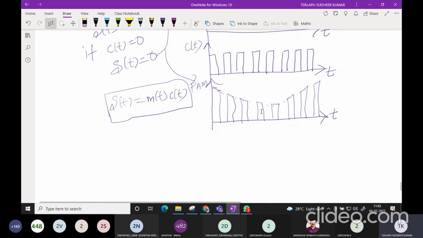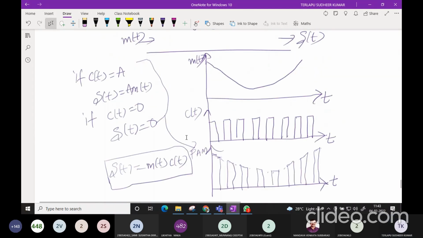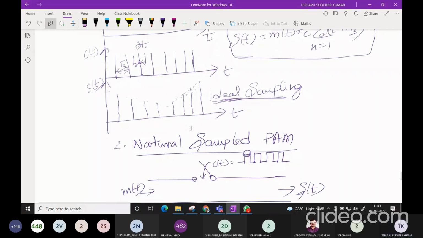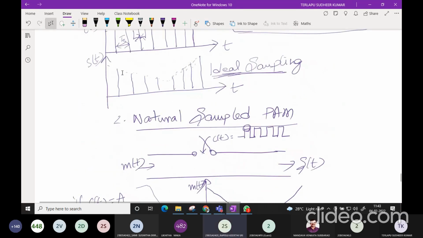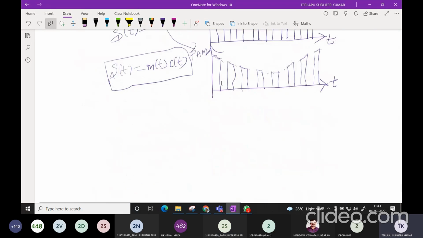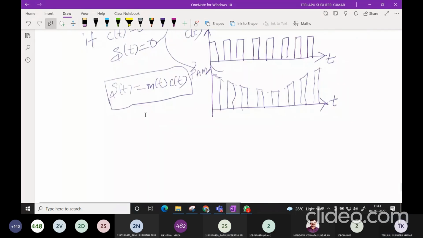What is the difference? This one and this one. Any difference?